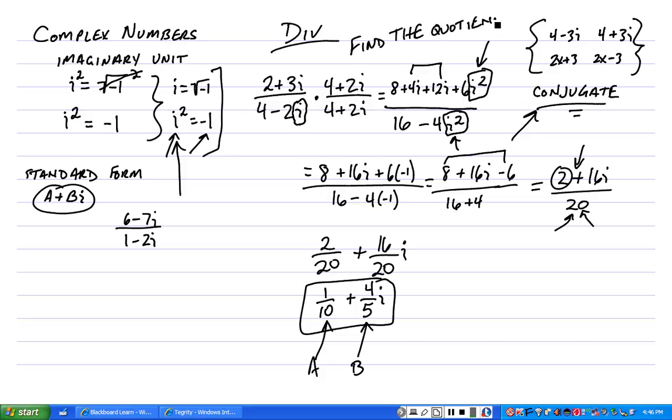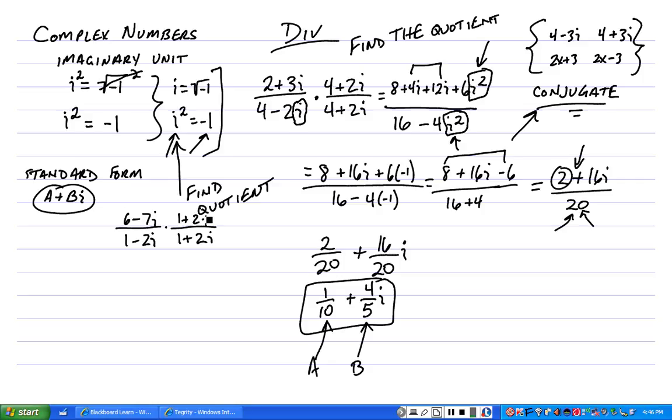Quotient is just the answer for division. So same thing here. Find the quotient. So we're going to multiply by the reciprocal on the bottom to get rid of this i down here. So that's going to be 1 plus 2i. And if we multiply it on the bottom by that, multiply the top by that, the numerator.